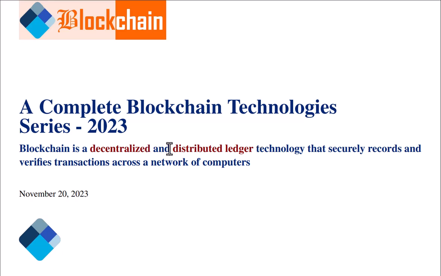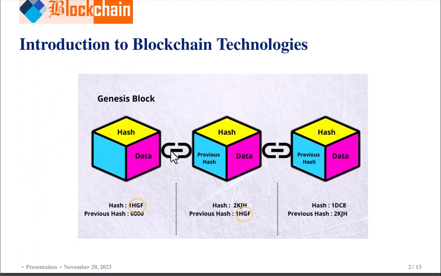So if you look into this figure, you can see there are blocks. Here are 3 blocks and there is a chain between blocks. So what is this block all about?